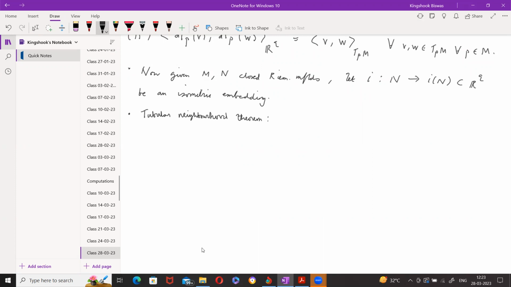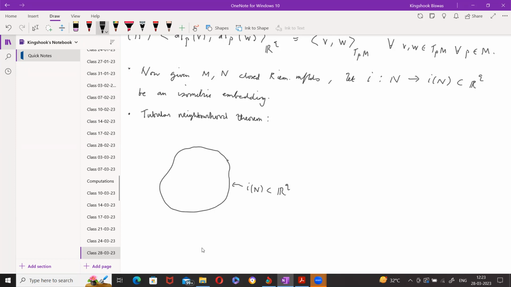So I look at my embedded submanifold. So this is I of N inside RQ. This is my submanifold.